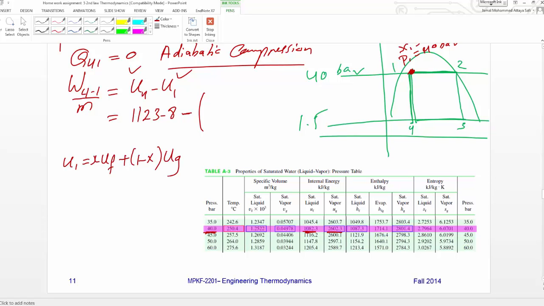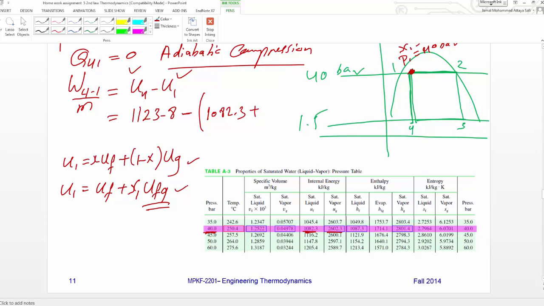And if you do so, I can write it down here. It's going to be something like 2.3. It's UF plus X UFG. So you can also do U1 is equal to UF plus X1 UFG if you have UFG. It's the same, this one or this one.